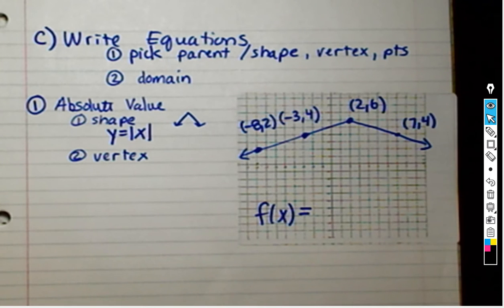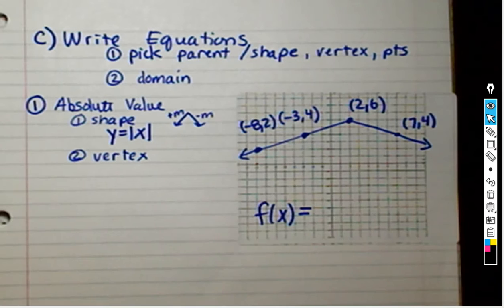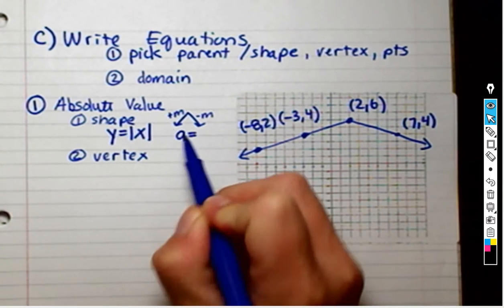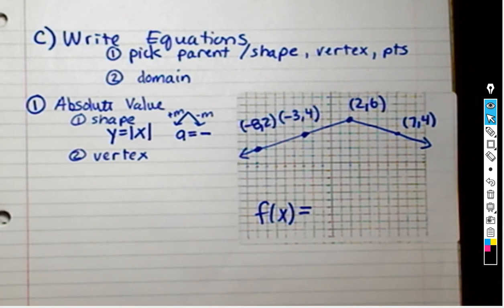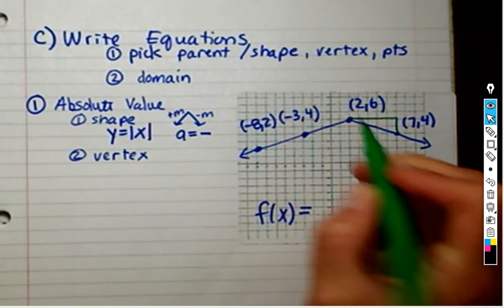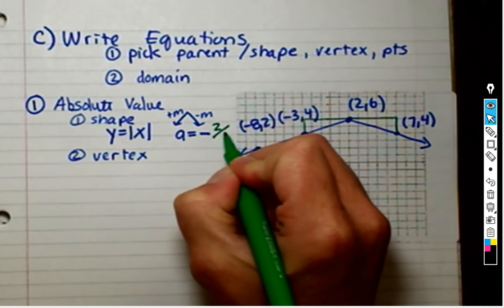Now, looking at this, I know that this side has positive slope and that side has negative slope. Sasha, what should the A value be, or the M, or whatever number is in front? Negative 2/5.